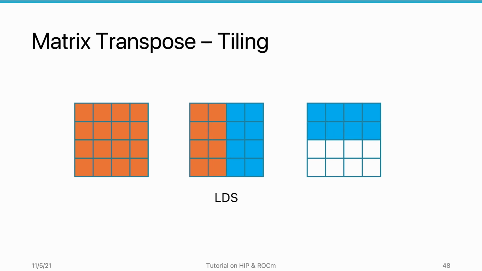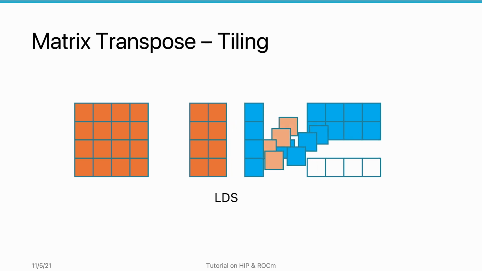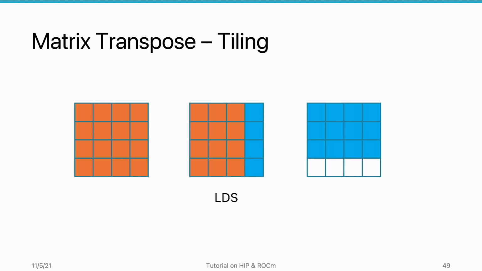And we can keep doing this operation until we fill all the output cells, and all the write operations to the main memory are coalesceable. So by using LDS as an intermediate stage, we can enjoy both coalesced read and coalesced write. And this mechanism is called tiling.